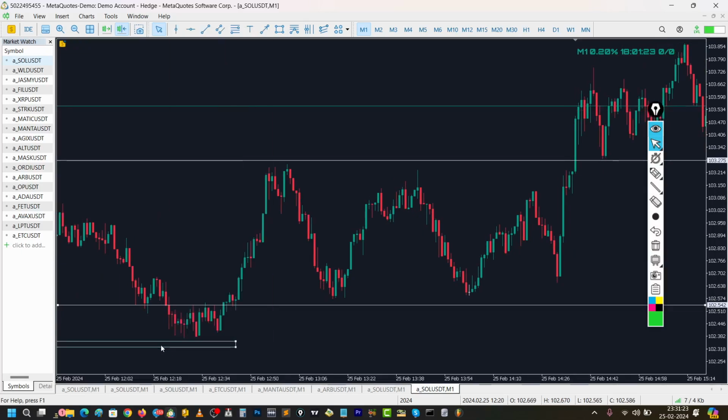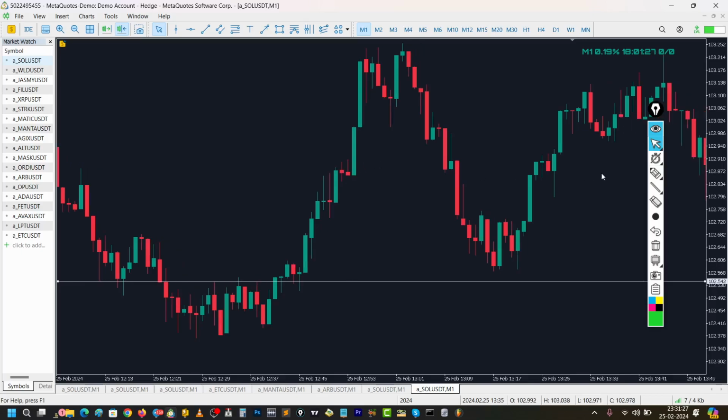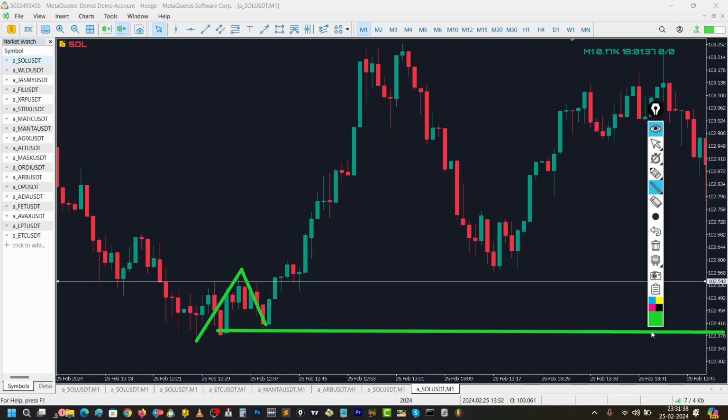Now this is a new swing, but there is nowhere liquidity. Here you see how the price moves. Price is moving like this, this is a liquidity area, but we are not going to trade this because it's kind of risky, it's nearby the bottom.